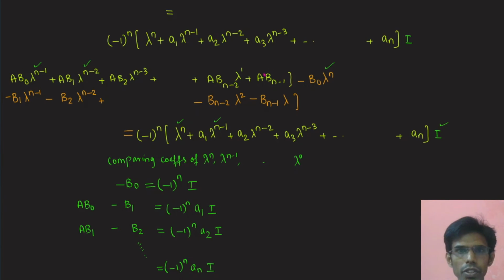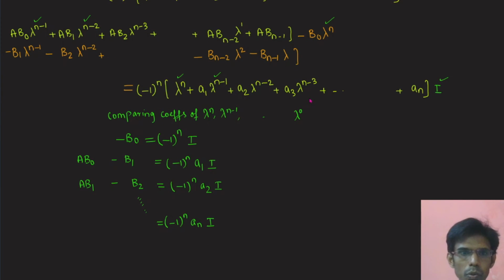Here, this term A b_{n-1} is the constant term. So that will be A b_{n-1} is the constant.